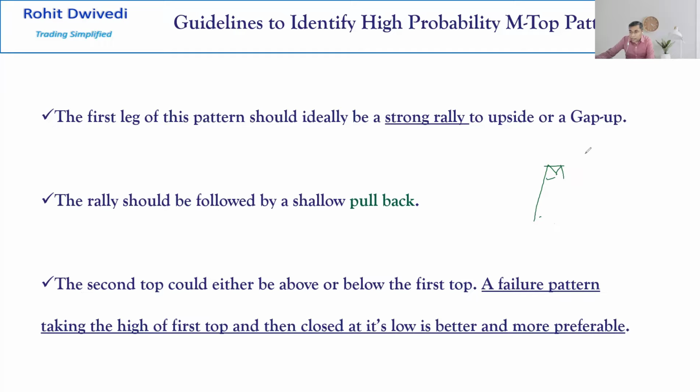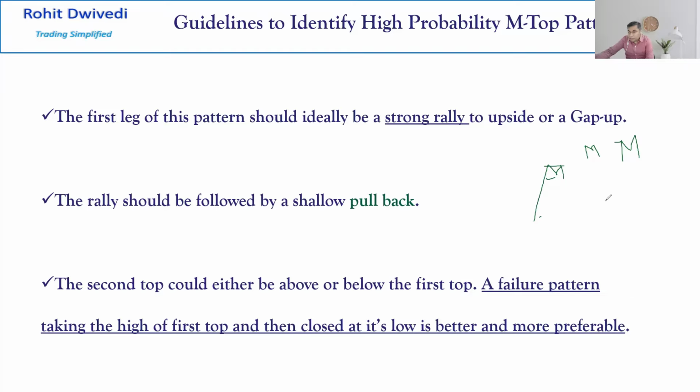In the first slide, we have seen some examples that the second top could either be lower than the first top, or it could be higher than the first top, right? A failure pattern taking the high of the first top and then closing at its low is better and more preferable. Now, what do you mean by that?